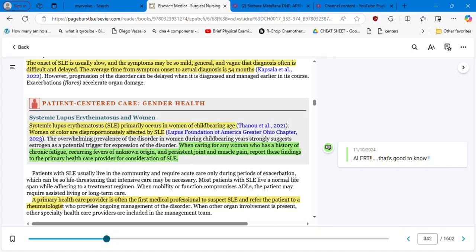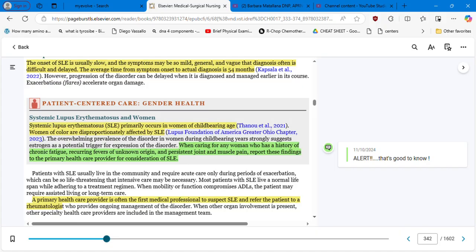This is for me the most important alert, the most important symptom that we need to pay attention to. Chronic fatigue, recurrent fevers of unknown origin, and persistent joint and muscle pain. Report these findings to the primary healthcare provider for consideration. So fatigue, chronic fatigue, fever of unknown origin, and persistent joint and muscle pain.